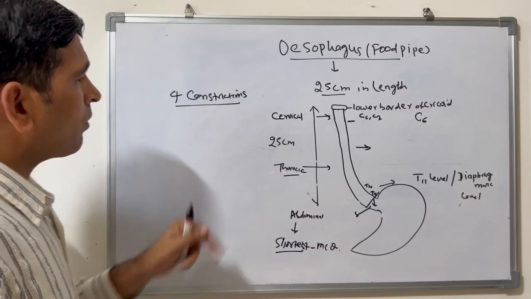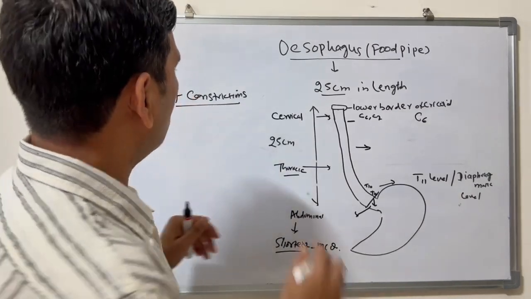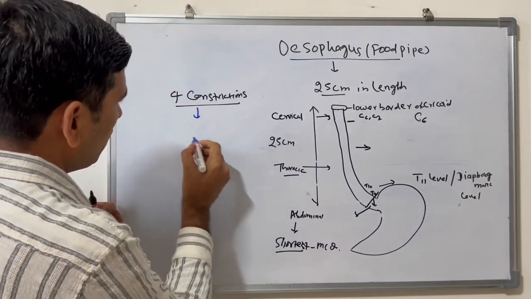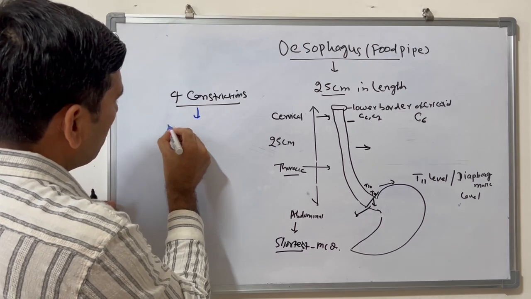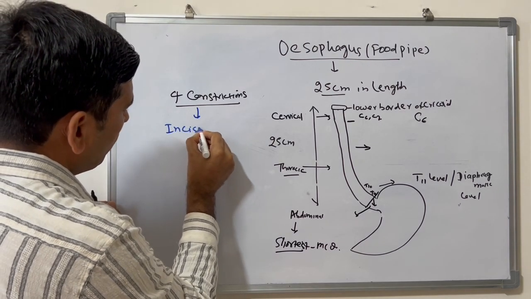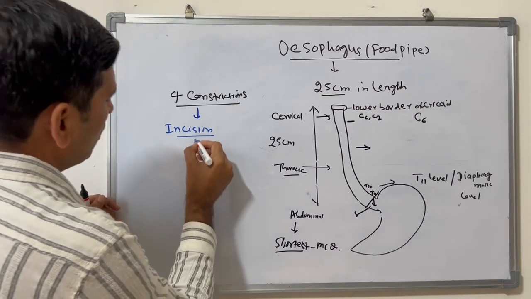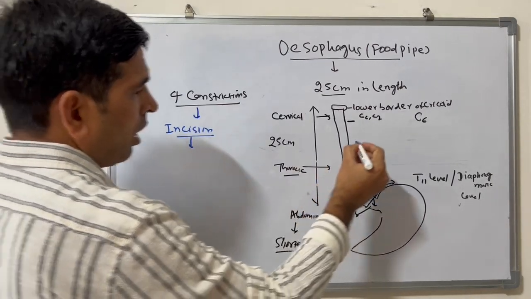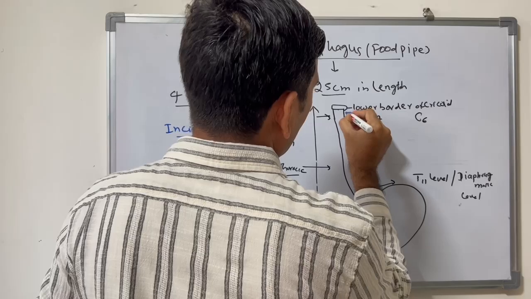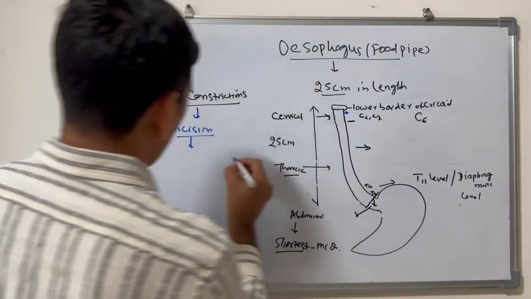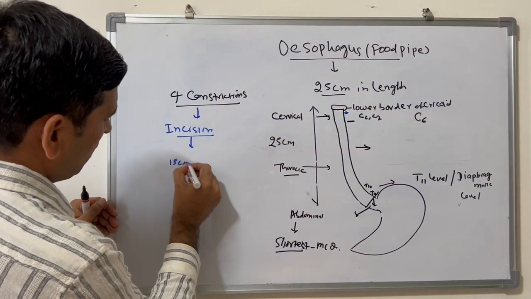So what are the four constrictions? First, we are measuring from the upper incisor teeth. This distance, at this level, is about 15 centimeters from the incisor.